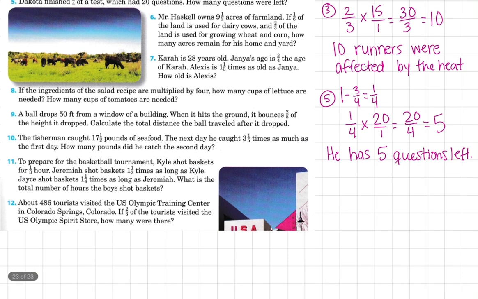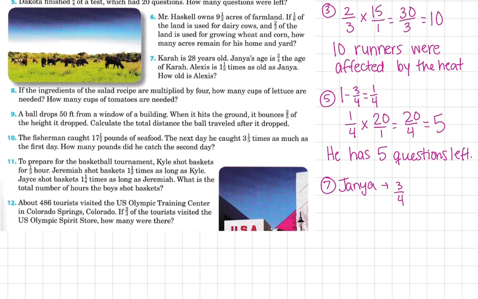All right, 7. Kara is 28 years old. Jana's age is 3/4 of the age of Kara. Alexis is 1 1/3 times as old as Jana. How old is Alexis? Okay, this has multiple steps. So first we want to find Jana's age. We know that she is 3/4 the age of Kara.